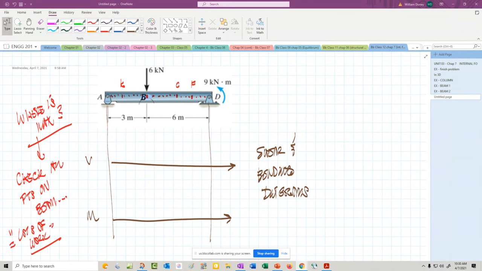All right, so continuing on, where do we go next? We want to find the max. That would mean checking all the points in the beam, which would be a lot of work.